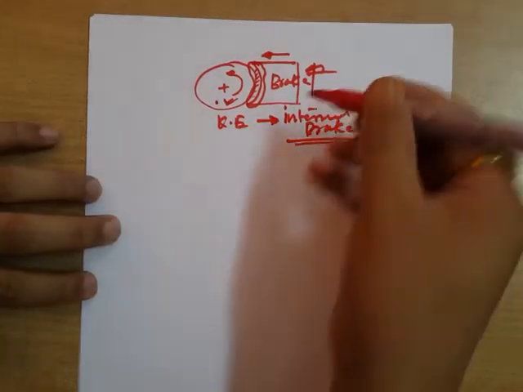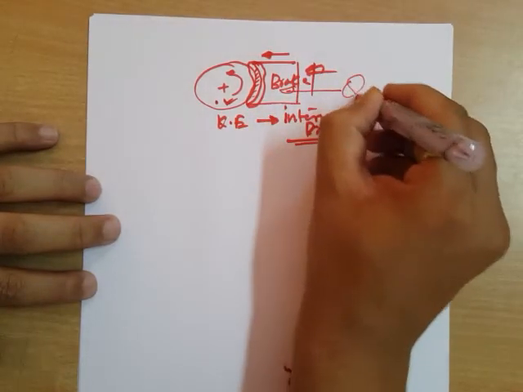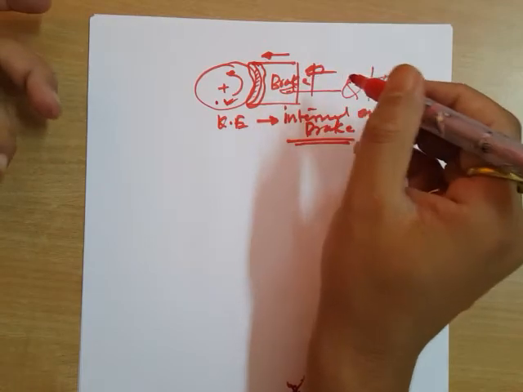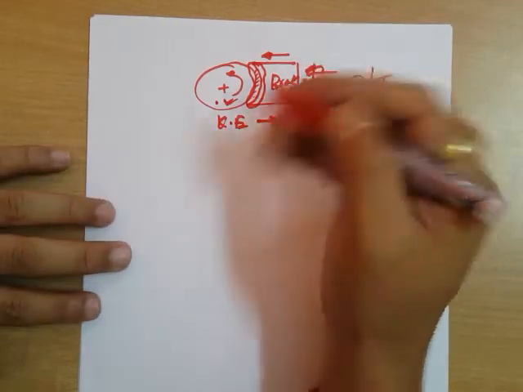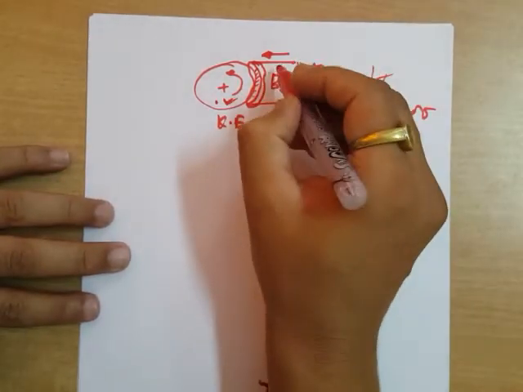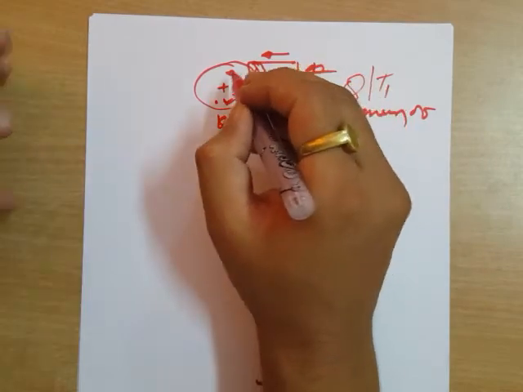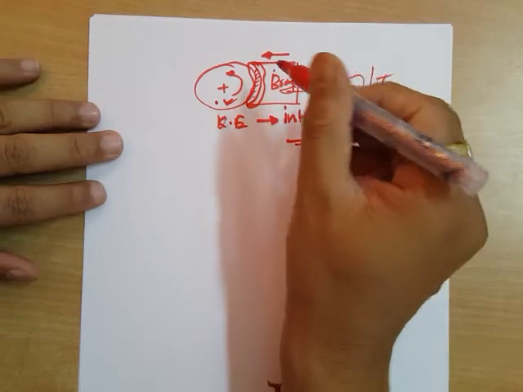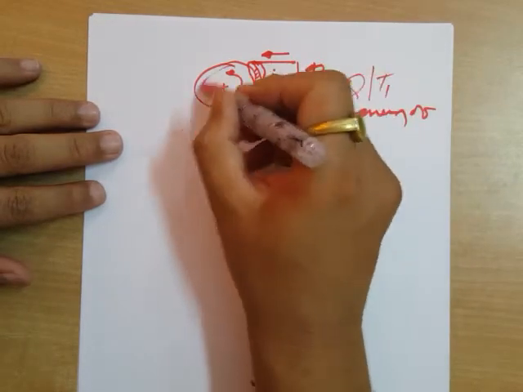Now again, we are supplying heat to this brake, because of which its temperature rises. And as I said that this is reversible, that is, heat can be converted into kinetic energy somehow. So this will start rotating.